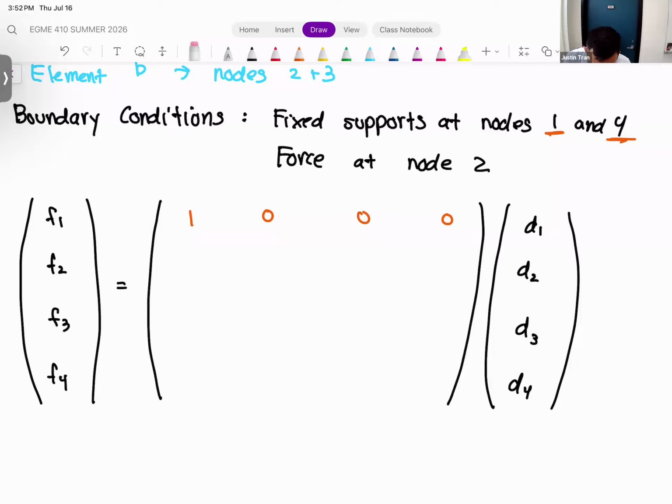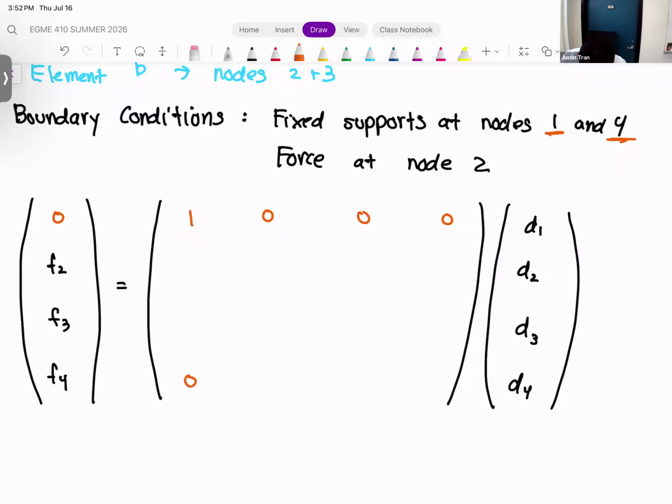On the other side, for the forcing vector, we put 0 because we're applying a fixed support, and so the value that we're prescribing is 0. The exact same thing we apply to node 4. We replace that entire row, but the main diagonal entry for row 4 is in the fourth column.